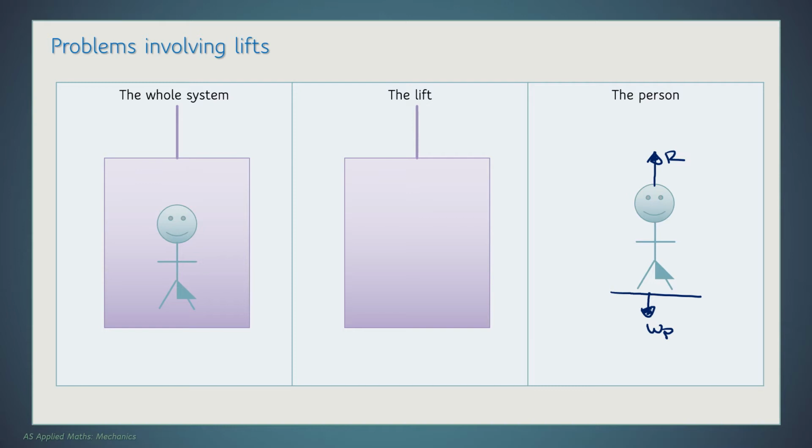And that force is the force exerted by the lift on the person. Because when the lift goes upwards, it's the floor that's pushing that person upwards, and that force is being exerted on the person in order to move that person.